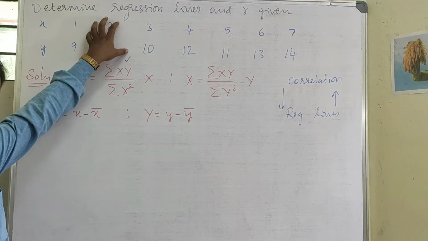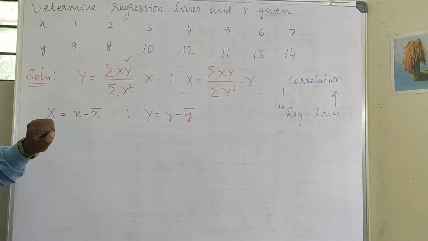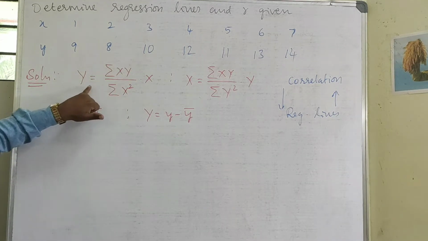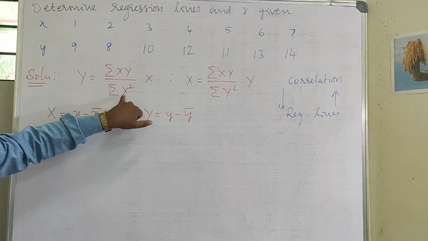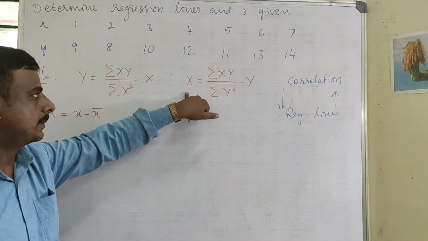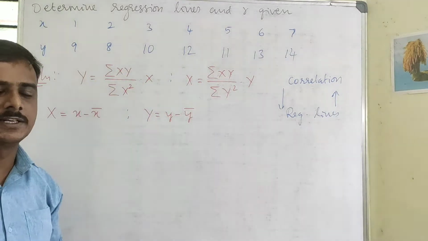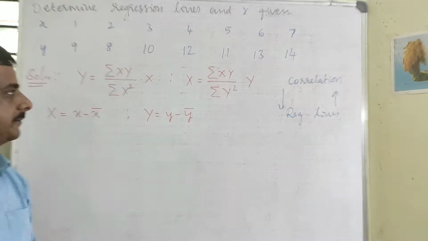I have considered the same problem that we considered in the previous case. Now the formula for the regression lines: capital Y equals summation capital XY by summation X square into capital X, and capital X equals, this formula is obtained from the first just by replacing x and y. If you remember any one of these formulas, that is enough.